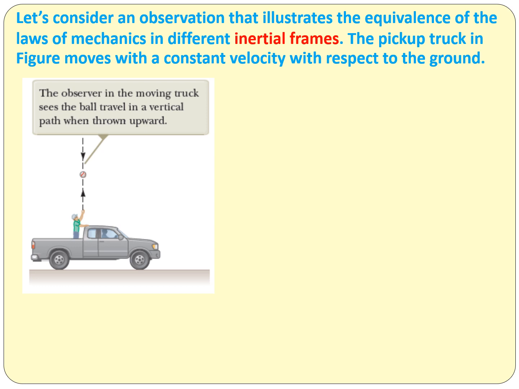And the position of the observer is very important. We will see in this example that if there is a moving truck and a person throws a ball upwards, then for him it is a vertical path. The ball goes up and comes down to him. Because the truck is moving with constant velocity, it is an inertial frame, and the observer is with the moving frame of reference. So for him it is just a vertical motion.